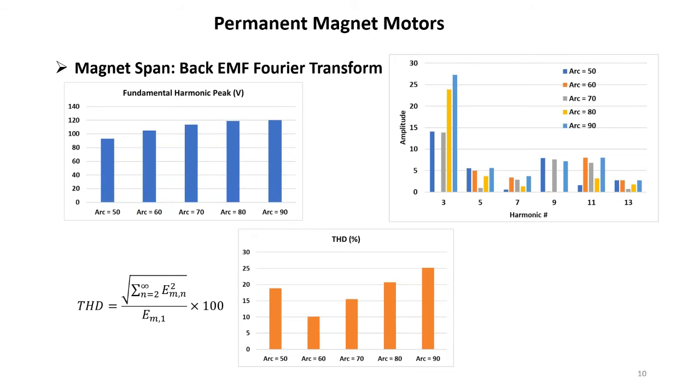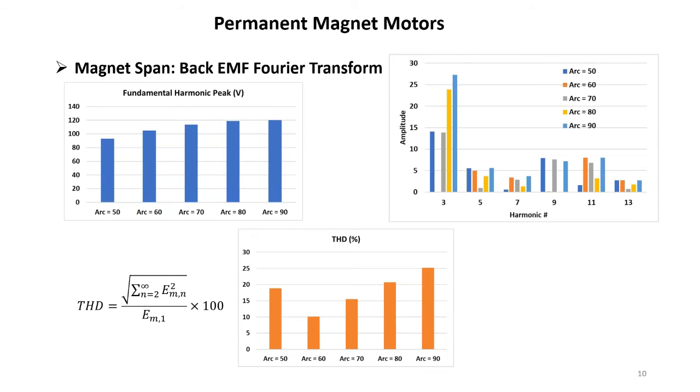You see, by increasing the magnet arc, we are increasing the fundamental harmonic value, which is very useful to generate the torque. We will see in the next slide how it will affect the torque.